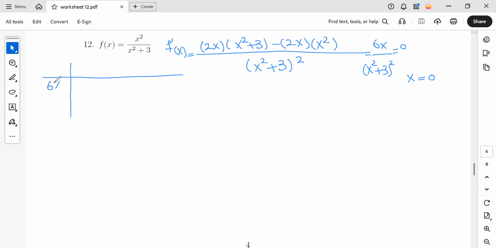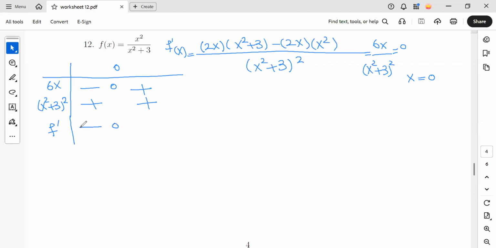In here, we have 6x and x squared plus 3 as the parts of f prime. We know that 6x is 0 at 0, negative before that and positive after that, but x squared plus 3 is always positive, not even 0. So we don't have 0 for the denominator.